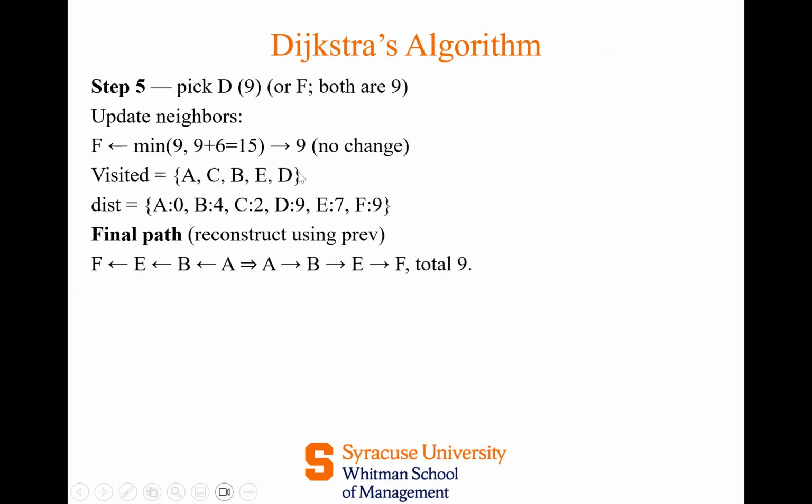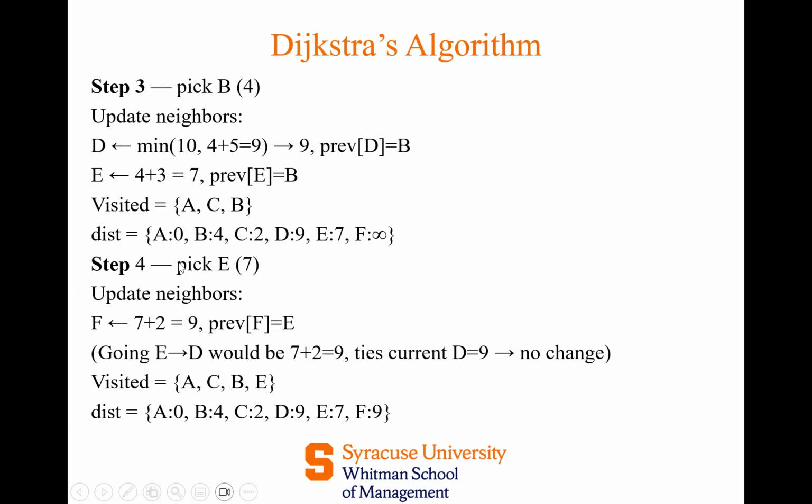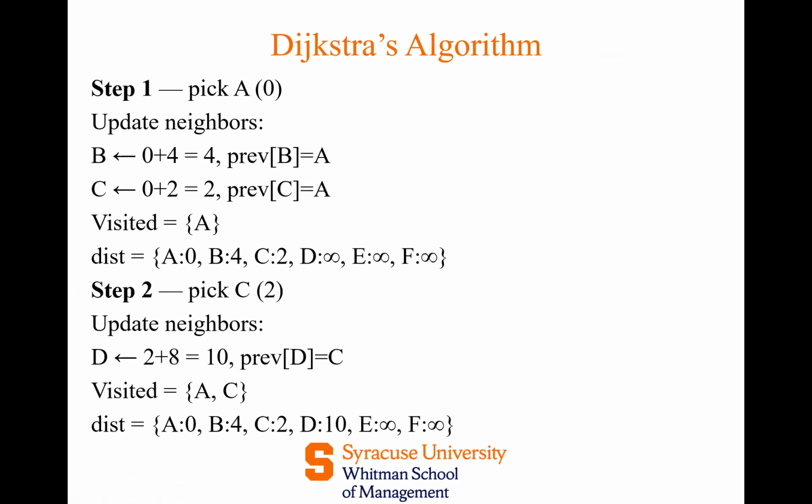So F, E, and then previous of E is B right here. So we put B. So previous of B is, how did we get to B?